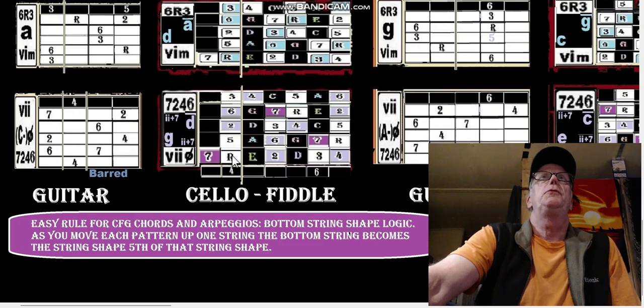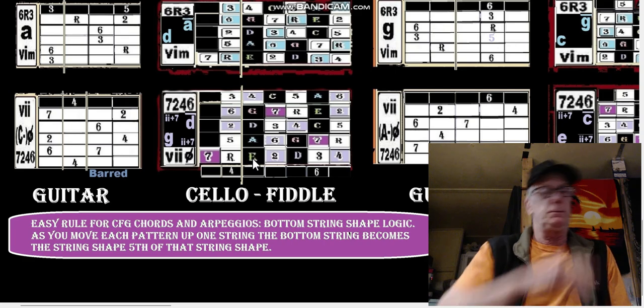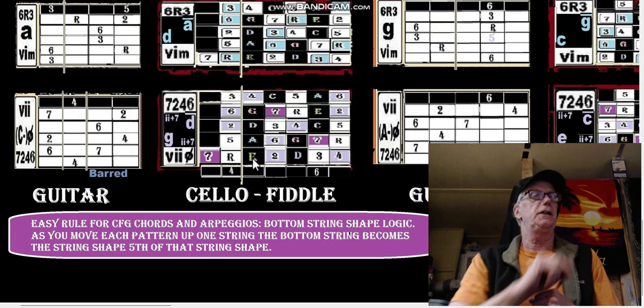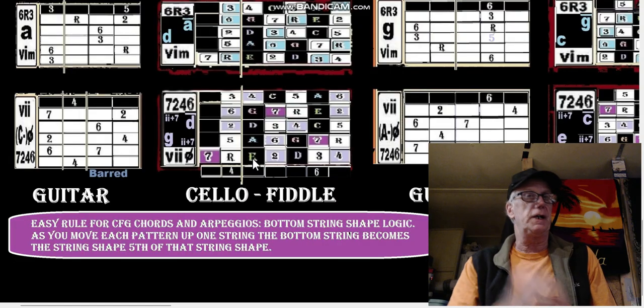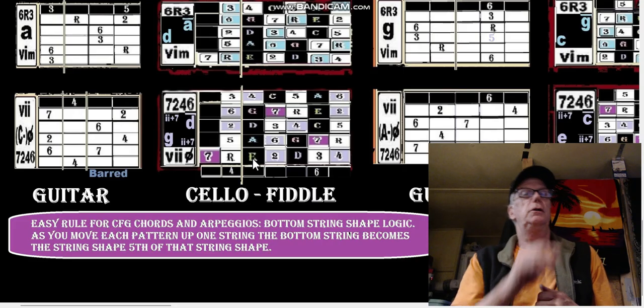So if we move this whole thing up, and the 4 was there, that is 3, 4, 5. That's a C string shape. C is the 5th of the E string shape. Remember, the CAGED string shapes, which are the labels on the accidentals for groups of little scale fragments, they go in a circle.